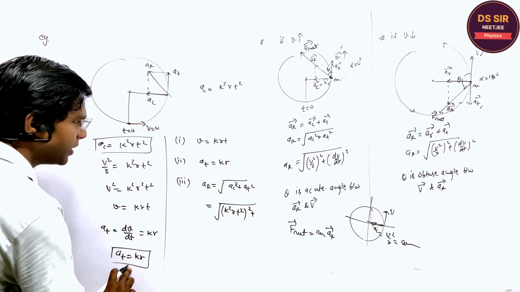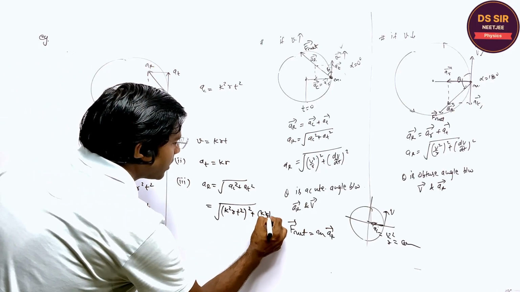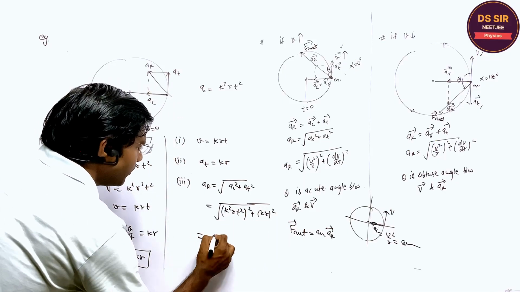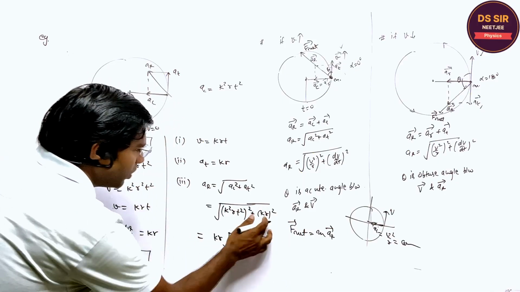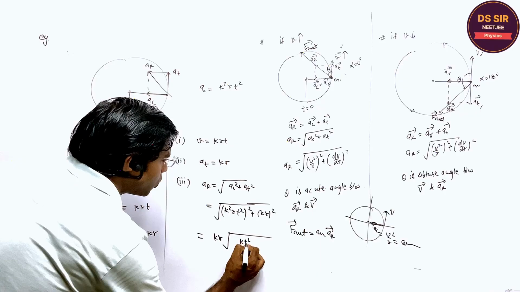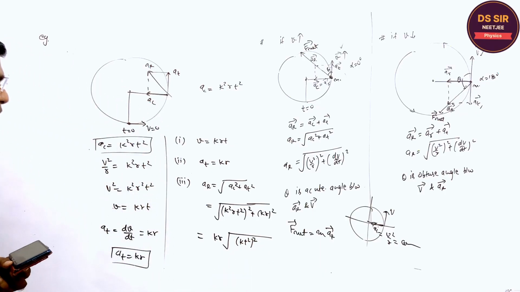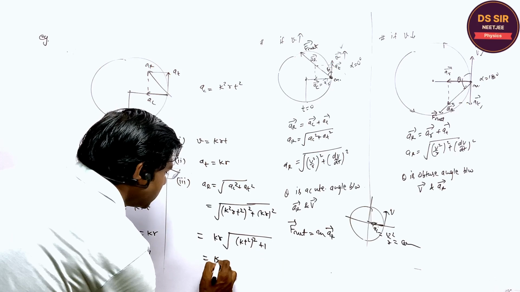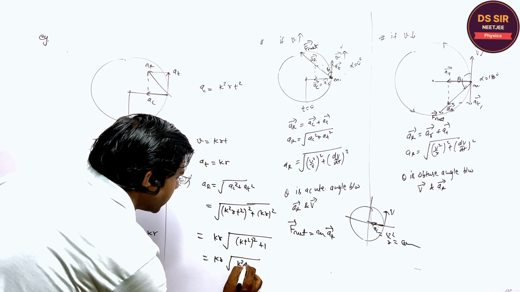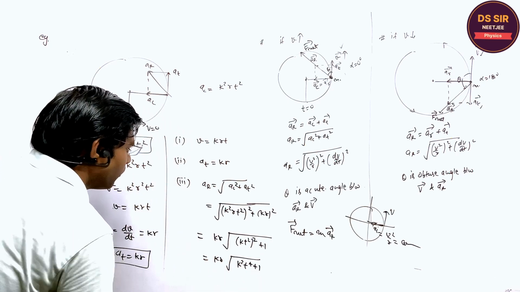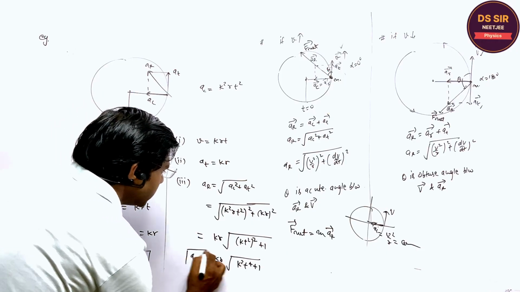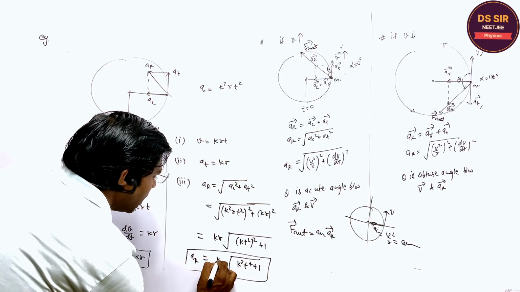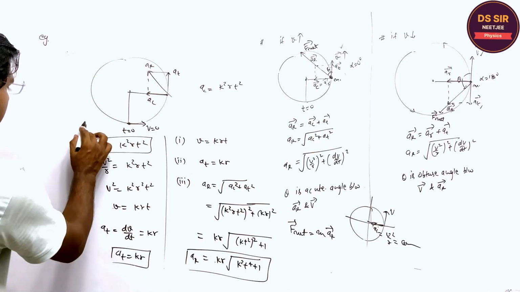And what is the AT? AT is k r, whole square. If you simplify this, the k r will be common, and we get k square t square whole square, plus 1. So this is k r root over k square t to the power 4 plus 1. So this is the resultant acceleration according to the relation. Is it clear or not?